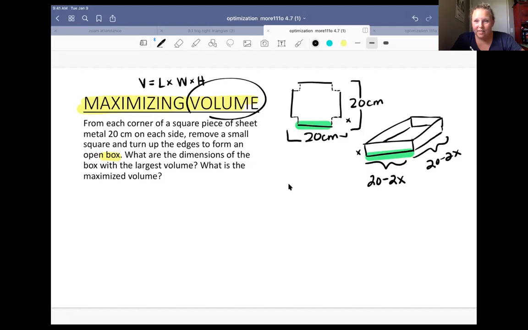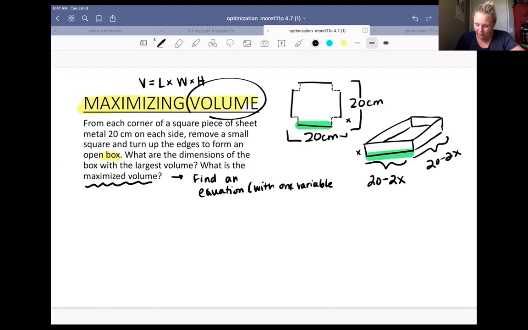Okay? So if we are trying to maximize the volume, that's the goal for the question, I try to identify to begin with what it is that you're maximizing or minimizing, because that is what you're going to find an equation for. Find an equation with only one variable, because we're not trying to do implicit derivatives here.